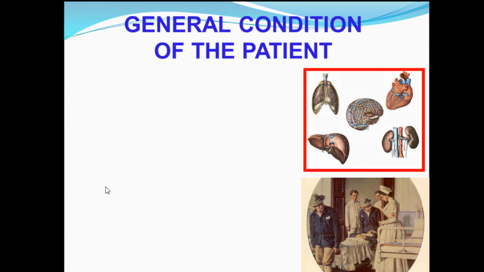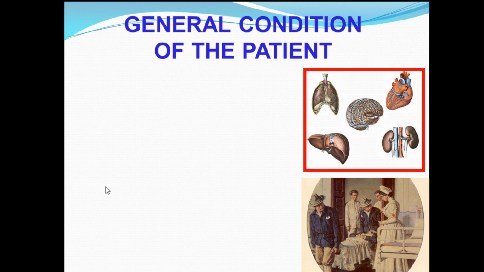And if you remember and understand these principles, you will easily answer this question on the exam. General condition of the patient depends on the functional activity of vital organs.